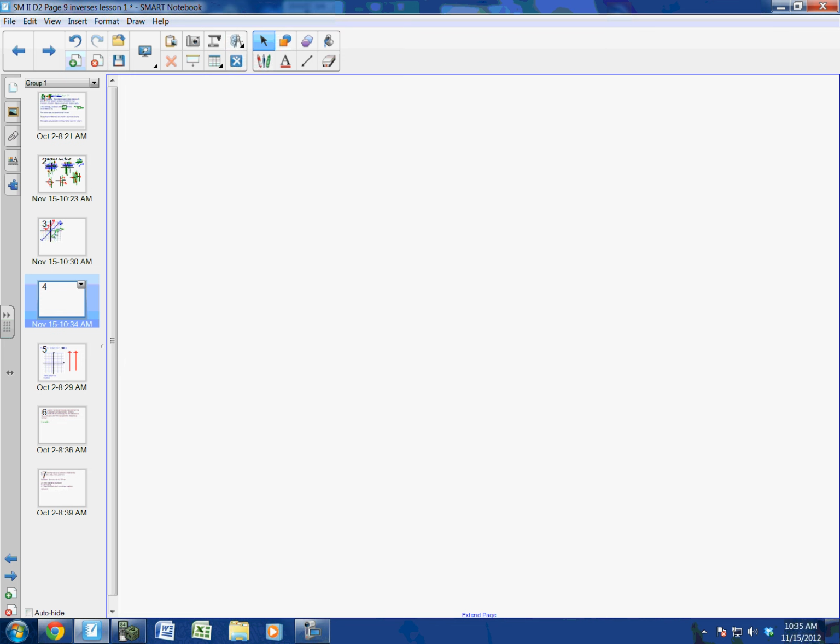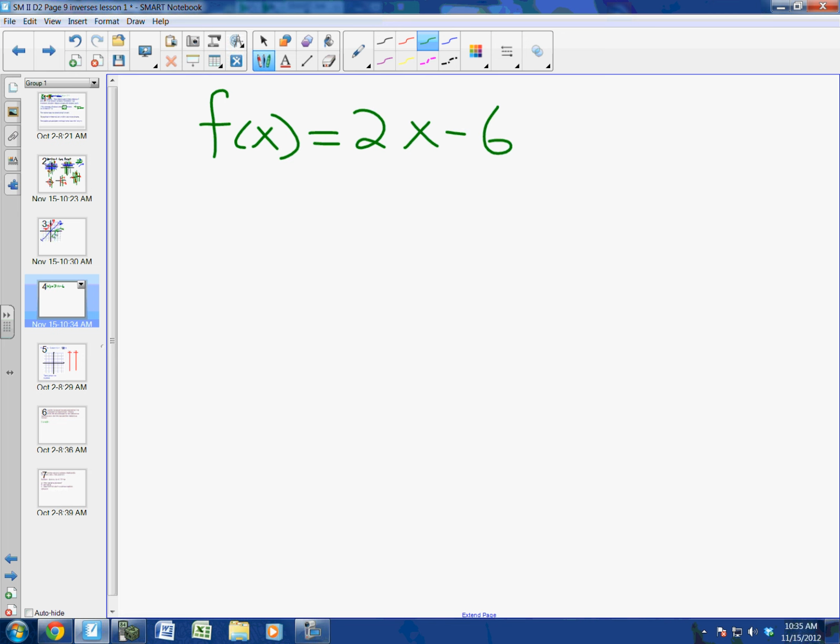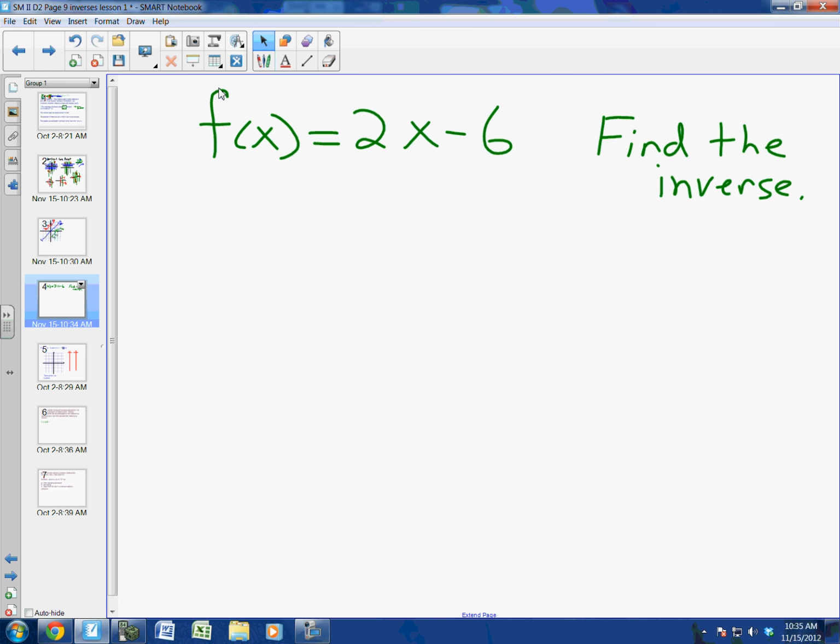So here's what we're doing. f of x equals 2x minus 6. Find the inverse. I'm going to show you 4 steps to do this. Quite simple steps.